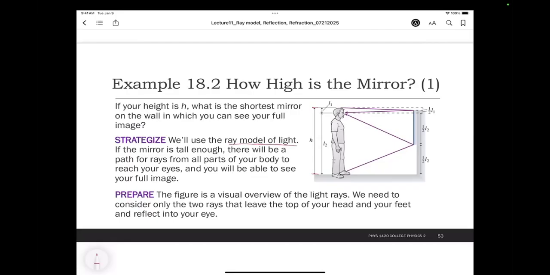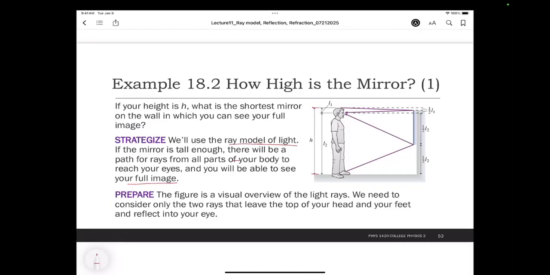If the mirror is tall enough, there will be a path for rays from all parts of your body to reach your eyes, and you will be able to see your full image.